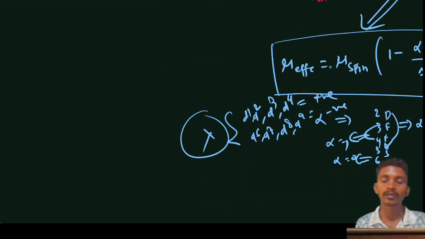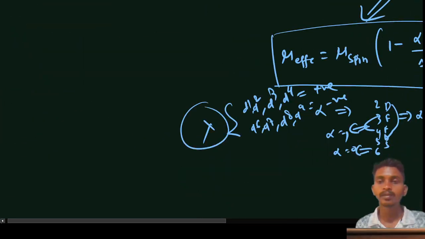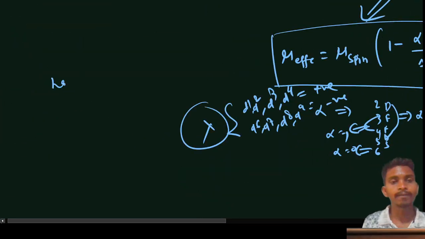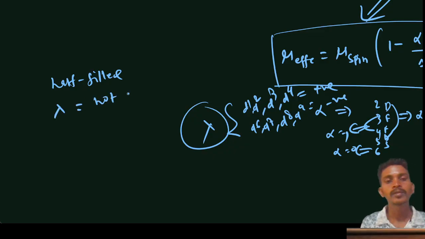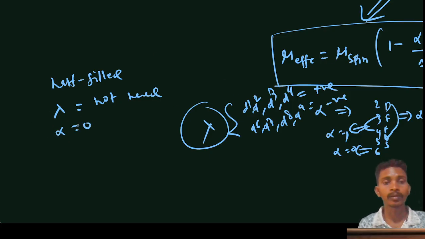Oh, sorry, one thing: if it is half filled, then for half filled this lambda is not needed. Why? Because for half filled we see that this alpha value will become 0.